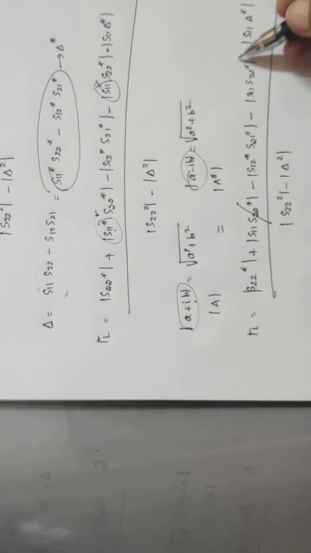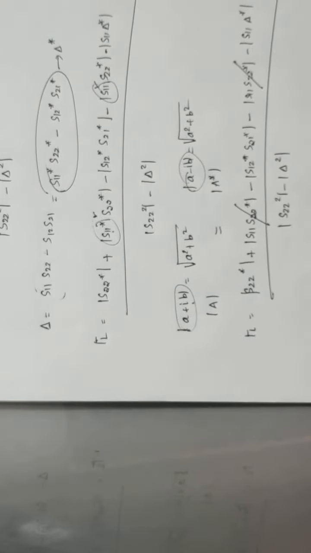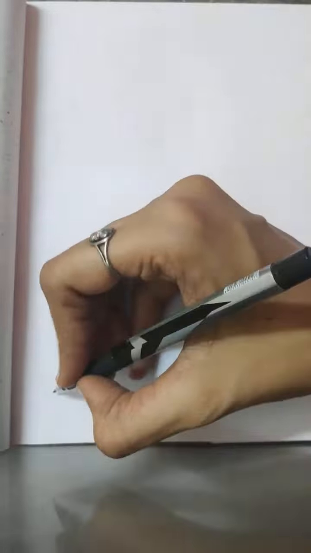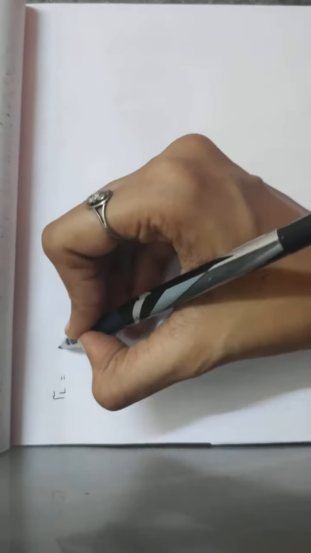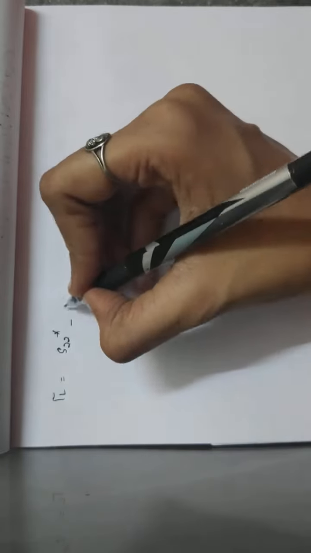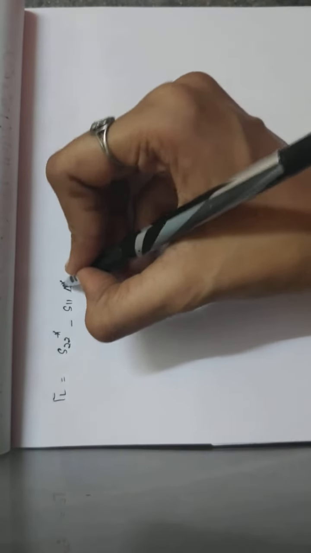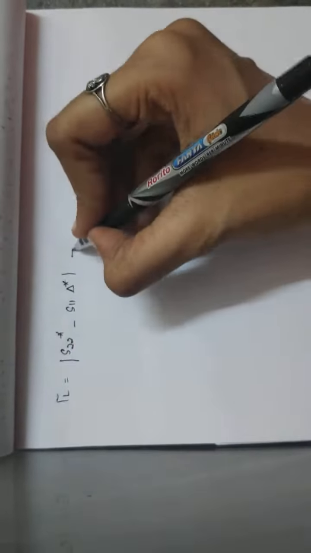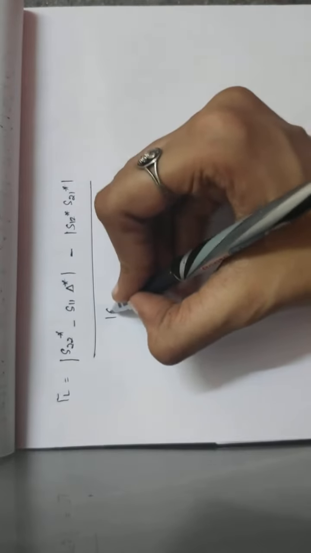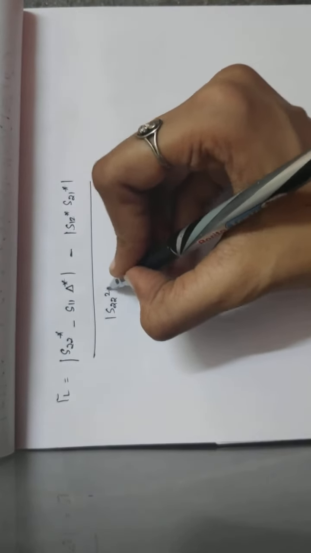So now we can cancel out this term and this term and write the balanced terms that are present. Now let us rearrange the terms. So we will be getting tau L is equal to S22 star. I'll bring the last term forward. So it is S11 into del star minus we have S12 star S21 star, and this divided by mod of S22 square minus del square.